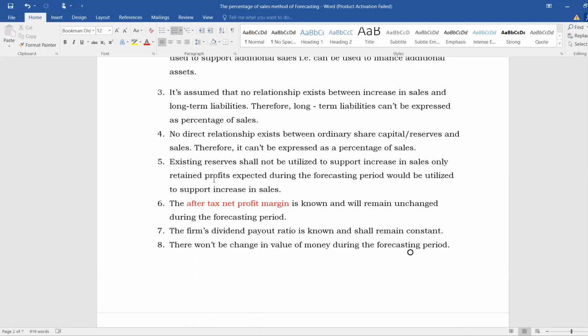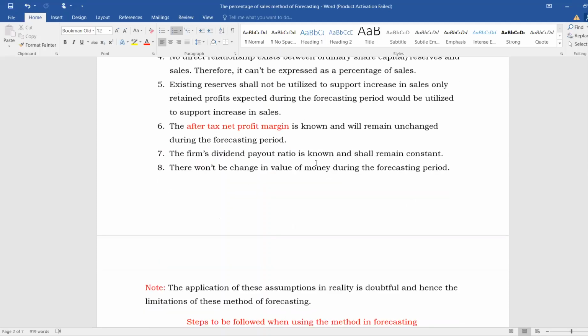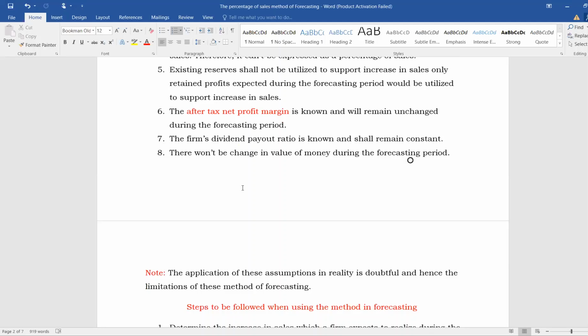I've already said in number 5, only retained earnings expected during the forecasting period will be utilized to support the increase in sales. So you need to work out the forecasted profit after tax, the forecasted dividend payable, and then work out the forecasted retained earnings as at the end of each forecasting period. We don't go back to our reserves to check how much reserves are available to support the increase in sales.